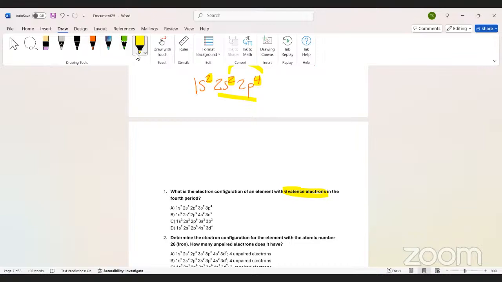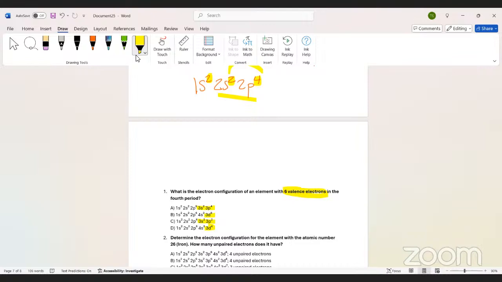So here's how you know. The last energy level. Which one of those adds up to 6? Okay, good. Monique said A and C. Bara said A. Monique is saying A or C.